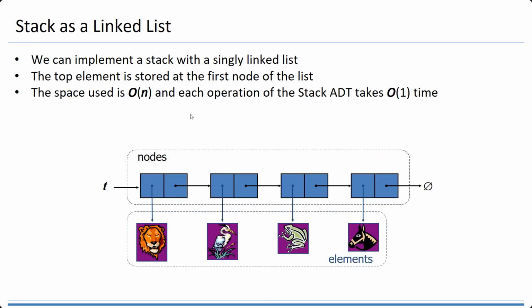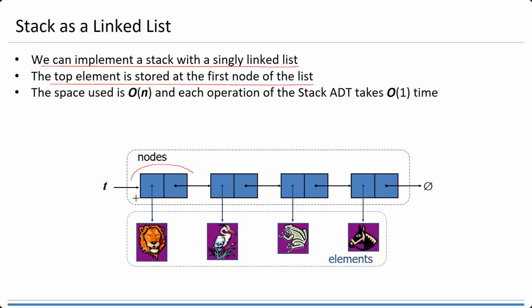We can use stack for the linked list. So we can implement a stack with a singly linked list. The top element is stored at the first node of the list.